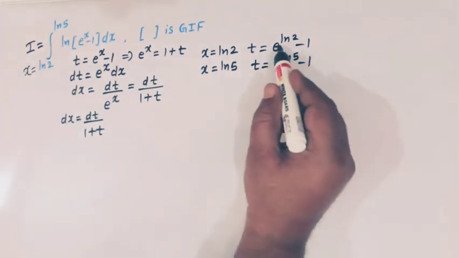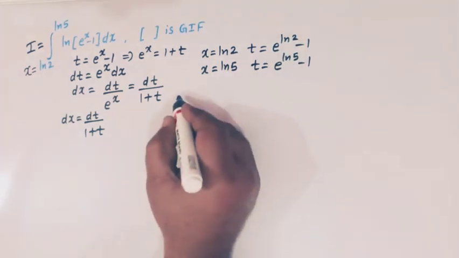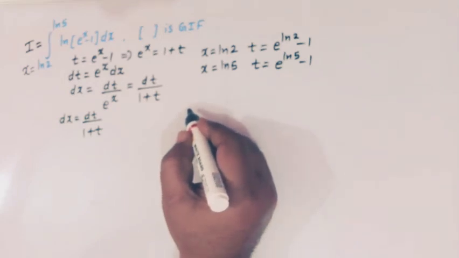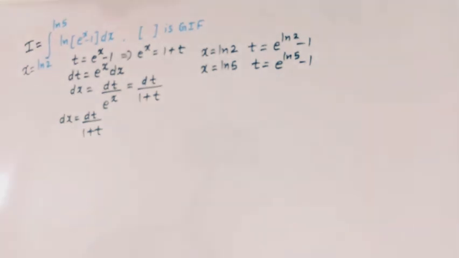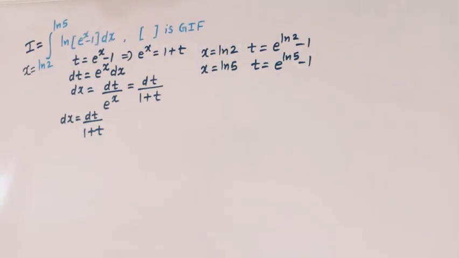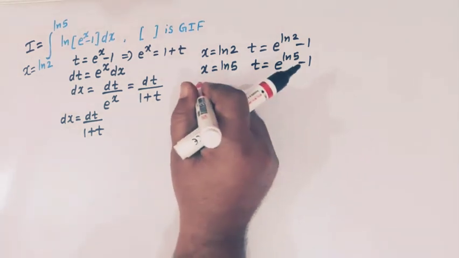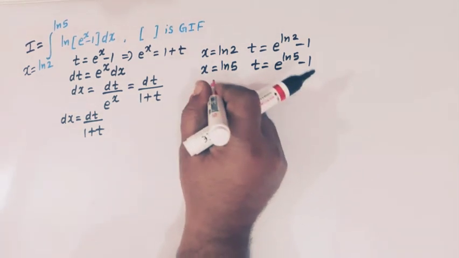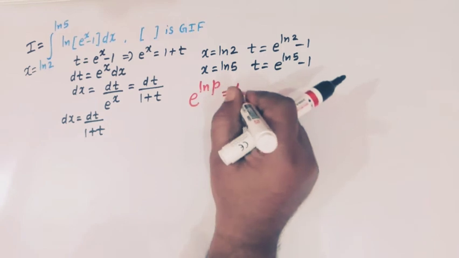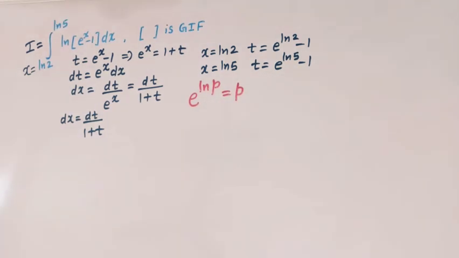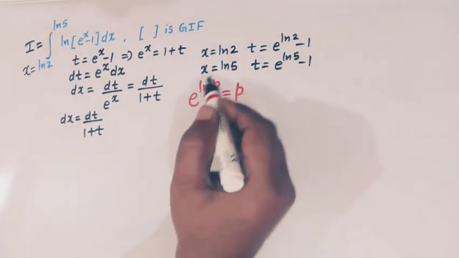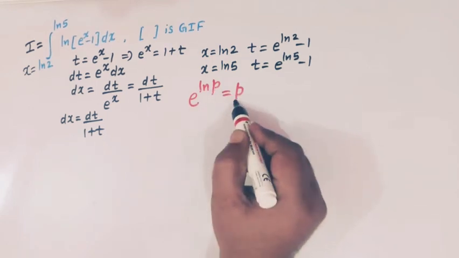Now here we'll make use of an important result which says that e raised to natural log of p is equal to p.